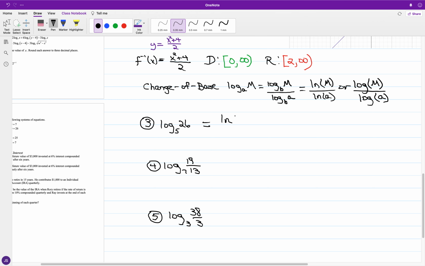We just go with natural logarithm on this one. So you have the natural logarithm of 26 all over the natural logarithm of 5. You have to enter natural logarithm twice, once for 26 and again for 5. To the nearest 3 decimal places, that comes out to about 2.024.